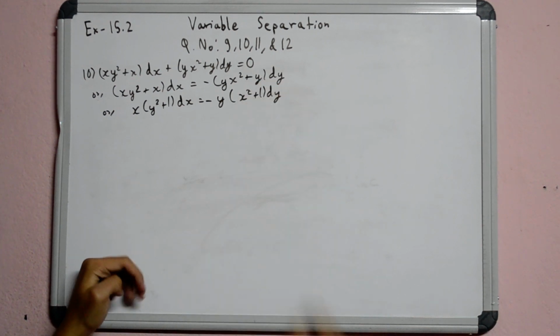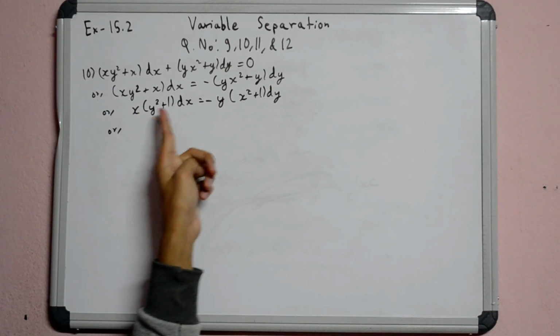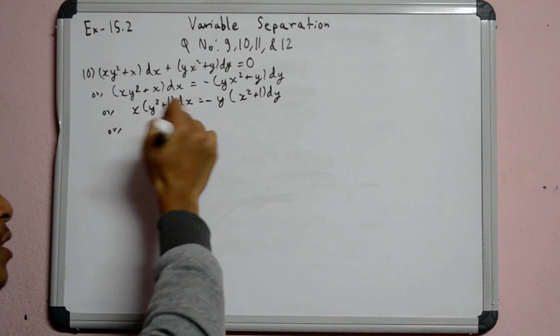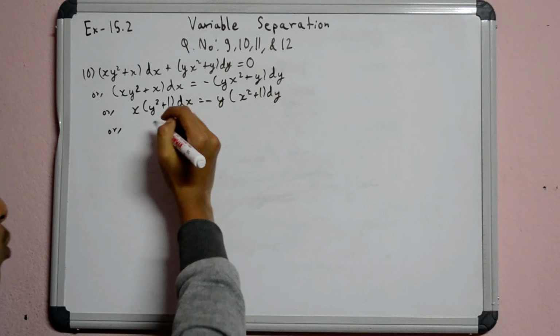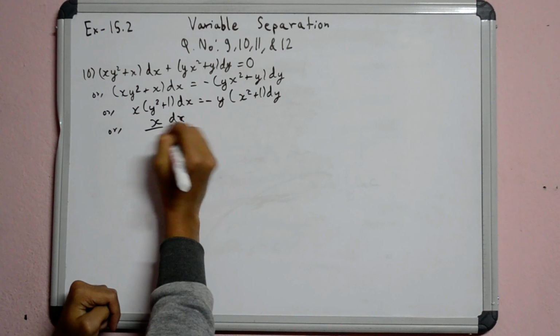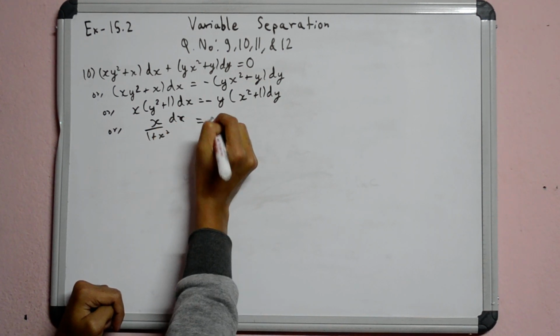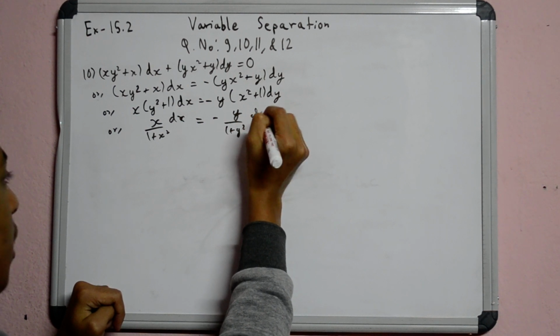And now let's simply separate the x's and y's. So here we have x dx, that means this y square plus 1 should go to the bottom, and similarly x square plus 1 should go to the bottom. So it becomes x dx by 1 plus x square equals minus y by 1 plus y square dy.